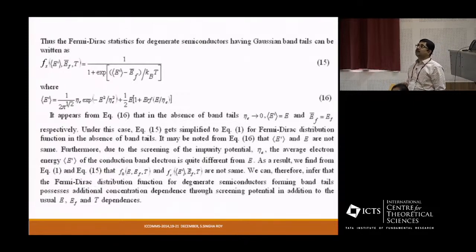If this condition arises, it must be the degenerate Fermi function like this. So Fs approaches F0. Under these conditions, it must be equal to the usual conventional Fermi function.